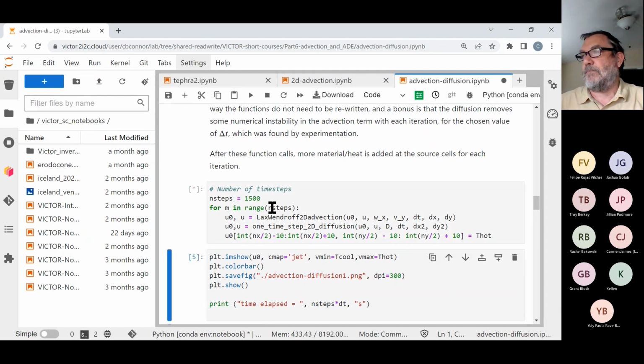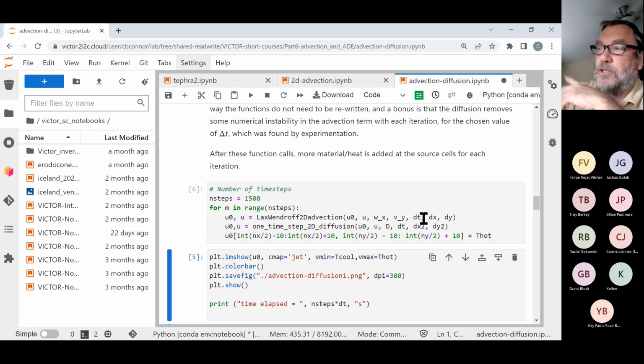Should take a minute, and while it's going on, let's look at this expression. So I'm going through 1,500 time steps. I'm just going through the time steps, m in the range of the time steps, and I'm calling the Lax-Wendroff 2D advection equation, just like I did before, but instead of just looping from there, I then call the 2D diffusion equation, right?